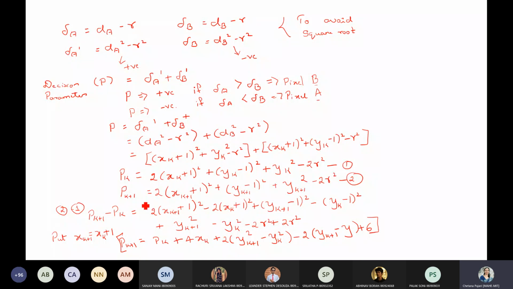Then calculate the next decision parameter, which is p of k plus 1, wherein you are going to replace k with k plus 1. And we already know that in a circle you are going to increment your x value at every iteration. Hence, replace x of k plus 1 with x of k plus 1. So this is our final equation for decision parameter p of k plus 1.